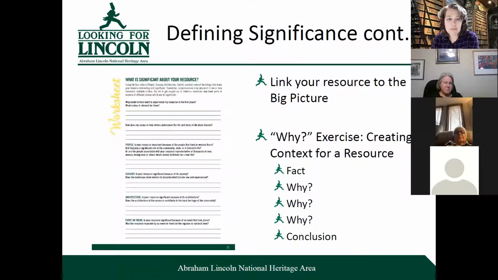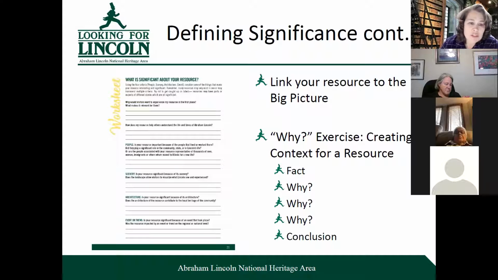We have developed a worksheet for communities to work through to figure out what is significant about your resource. It asks some of the questions I just asked you. Why would a visitor want to experience my resource in the first place? What makes it relevant? How does my resource help others to understand the life and times of Abraham Lincoln?